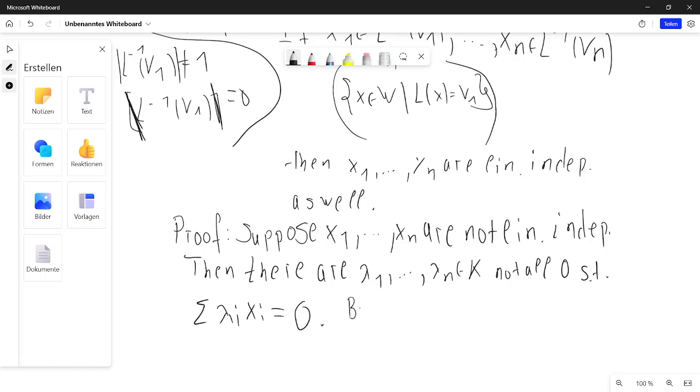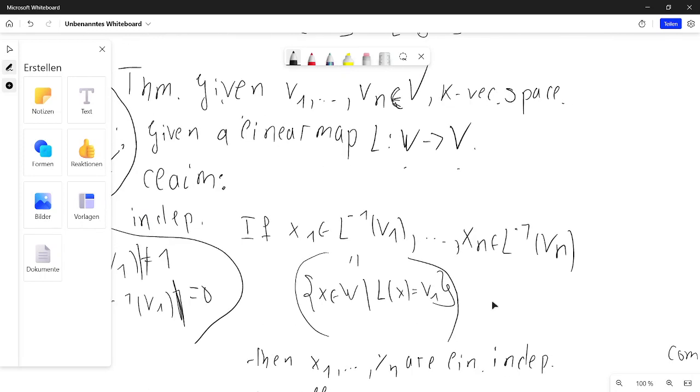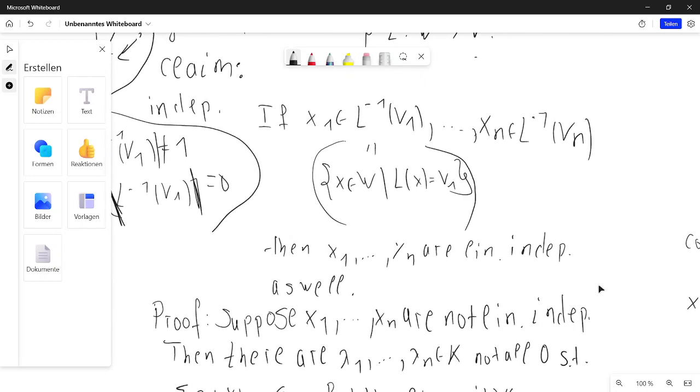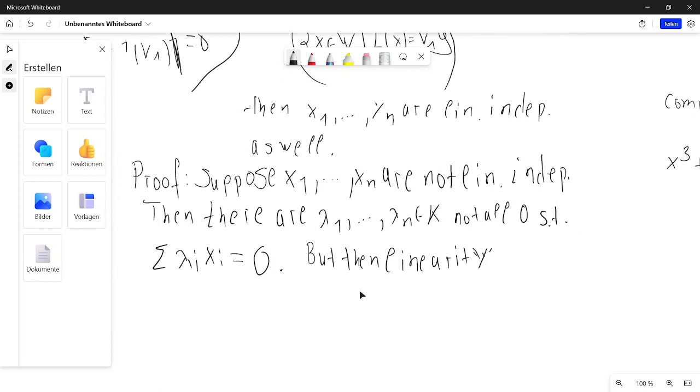But then linearity. Have I actually assumed that we map? Yes, given a linear map, right? But then linearity of L implies, well, we just apply it on both sides, right?